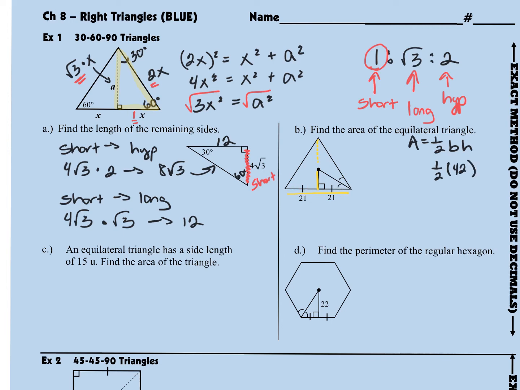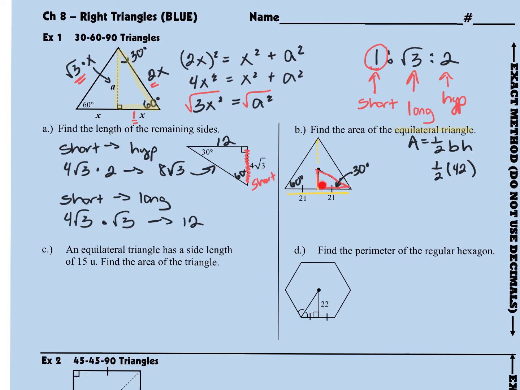Now, what we want to do is look at this tiny little triangle that I've drawn in here for you, because this is going to help us find what we need. If the triangle was in fact equilateral, as I told you, then we're going to recognize this angle here would have been 60 degrees. And since I've already marked that this was bisected, we know this tiny little angle right here is going to be 30 degrees.